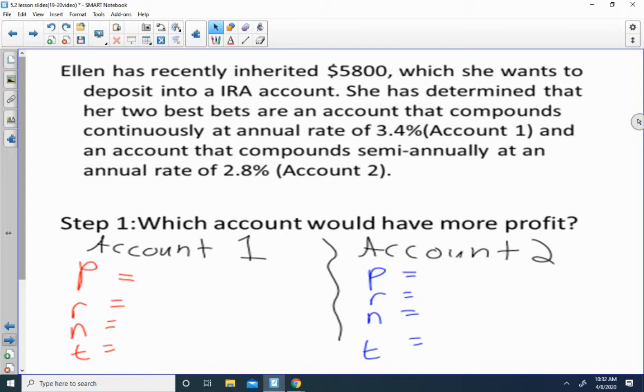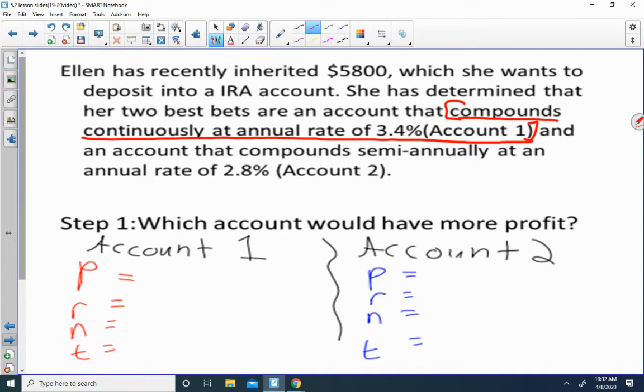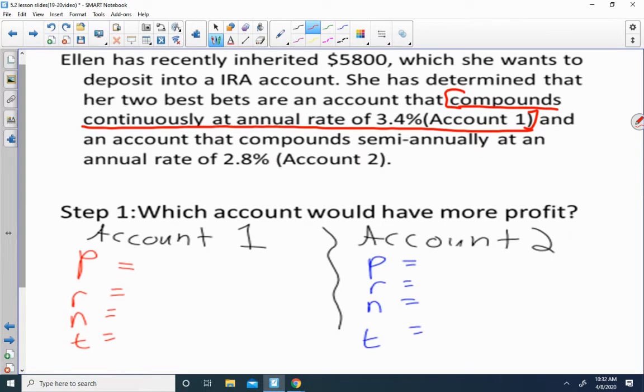So let's write down everything we need for account 1. Here's all the information we have for account 1 within this sentence. First, let's write down what the principal is. Principal will be $5,800.